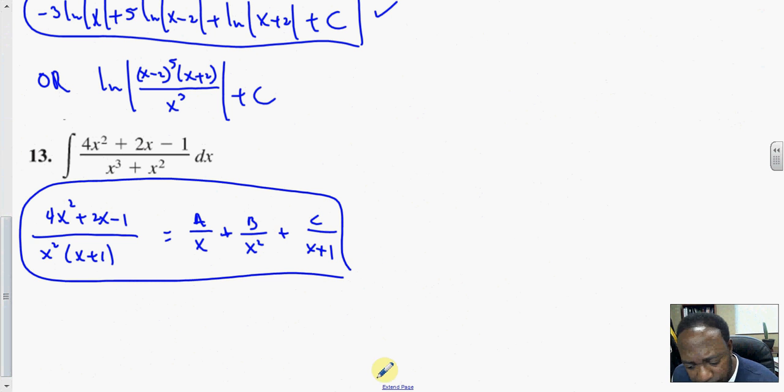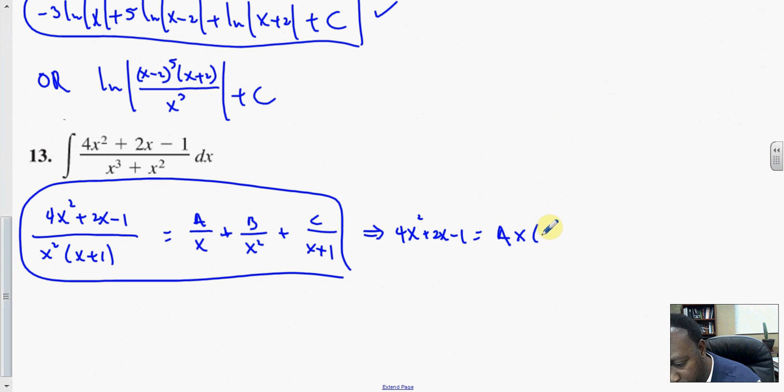Multiply both sides by the LCD, and when we do that, we end up with the numerator of the left side is equal to a times x plus 1, times b times the expression x plus 1, plus c times x squared.